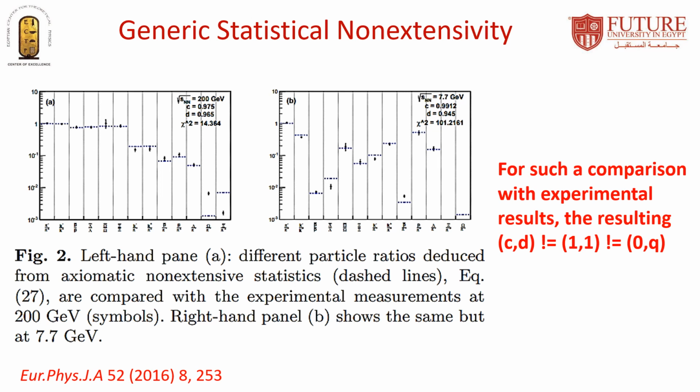These are including the dynamics in our system, and when I compared with them and looked for the C and D, the degree of non-extensivity, I got something not like 1 and 1 as the Boltzmann, but also not 0 and 1 as Tsallis. We have something in between. I have obtained an extended or expanded exponential function. It means the dynamics in the system becomes more.